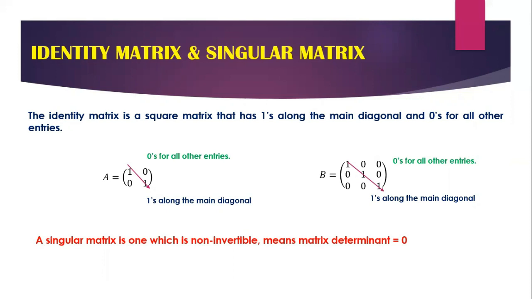Okay, we go to the next example. Let matrix A be 2, 4, 3, 1, and matrix I, which we call the identity matrix, is 1, 0, 0, 1.